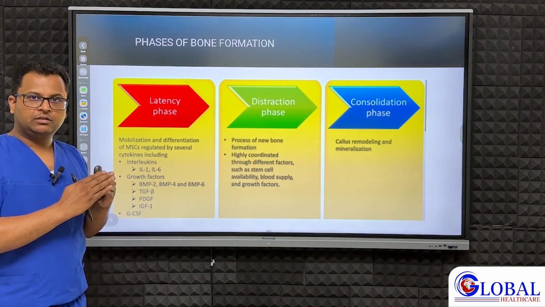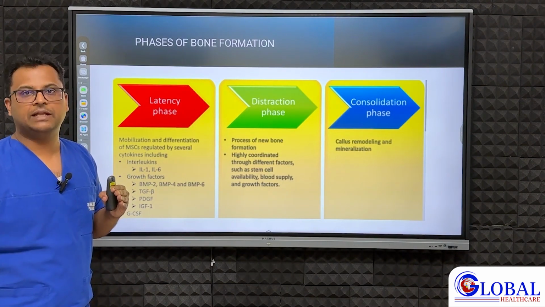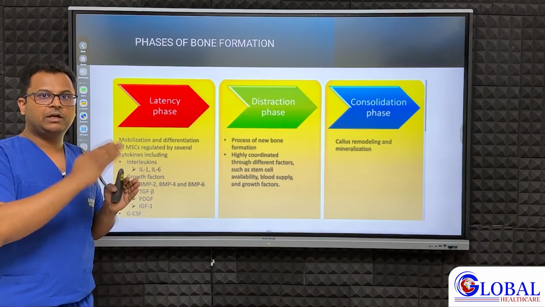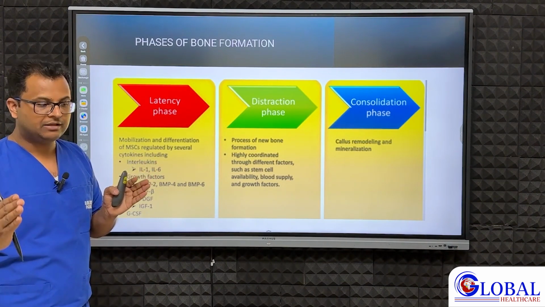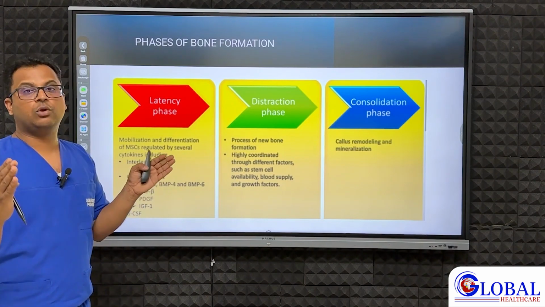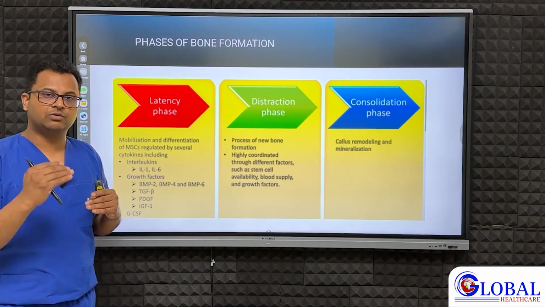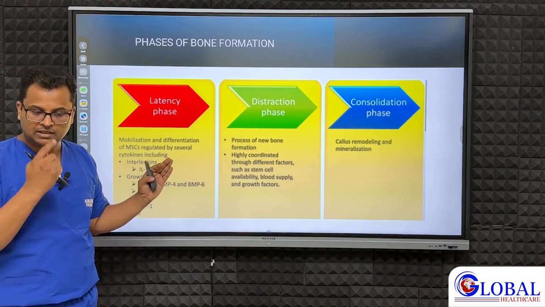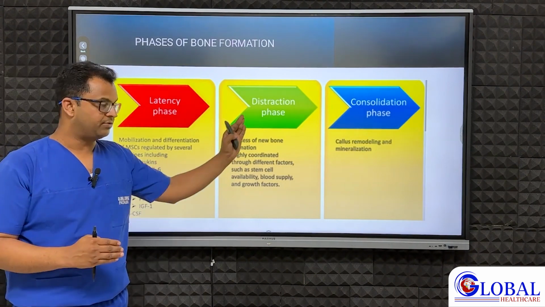From admission, you have done the surgery, and the time period before starting limb lengthening. Now surgery has been done, but limb lengthening has not been started. The time period between the surgery and the starting of limb lengthening is called the latency phase. The period which you need to rest before lengthening is started is called the latency phase, which usually is 7 days. Post latency phase, we usually start limb lengthening, that is called the distraction phase.